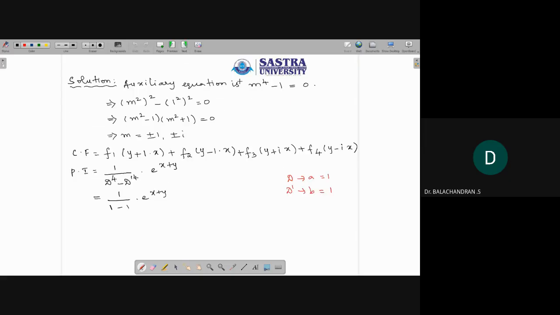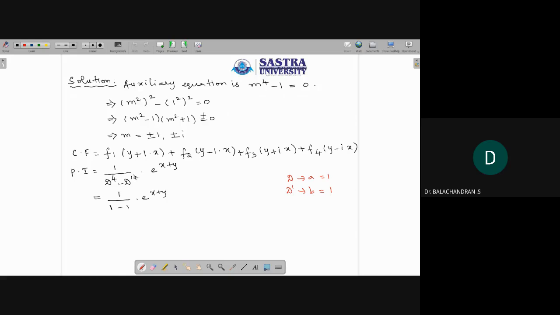The auxiliary equation is m power 4 minus 1 equal to 0. So you can write this as (m square) whole square minus (1 square) whole square equal to 0. This is of the form a square minus b square, which is (a plus b) into (a minus b) equal to 0. So m square equal to 1 means m equal to plus or minus 1.